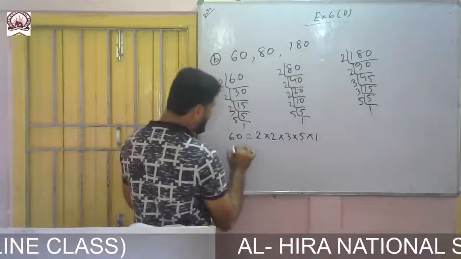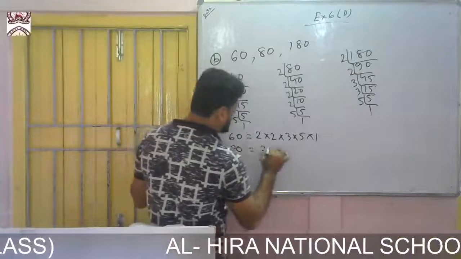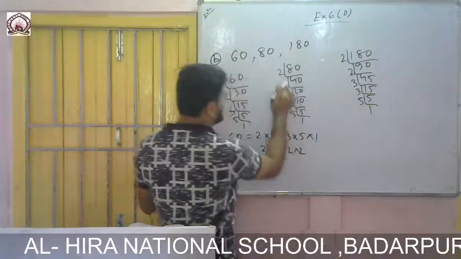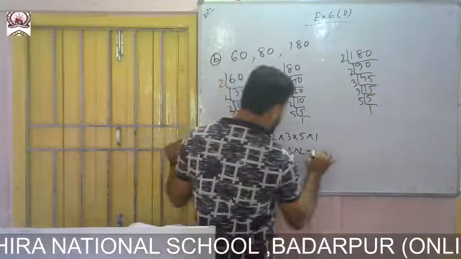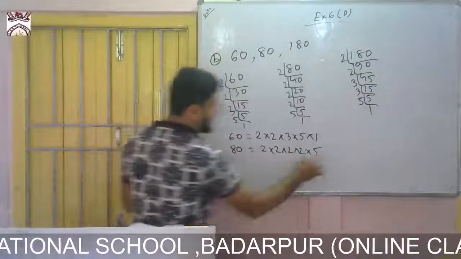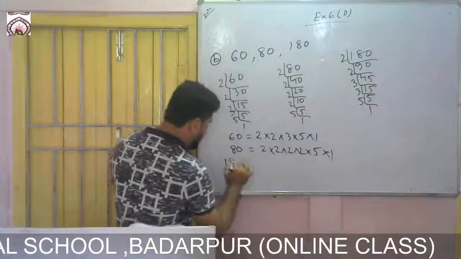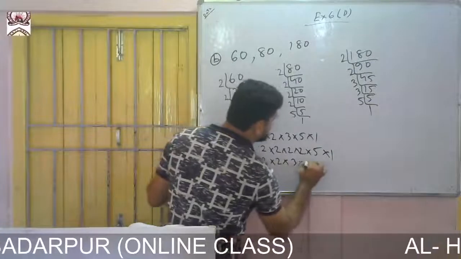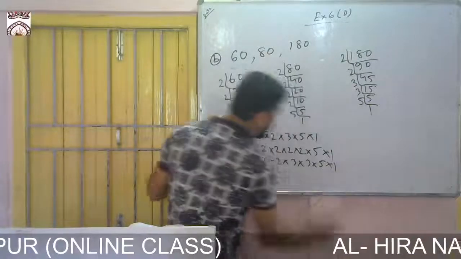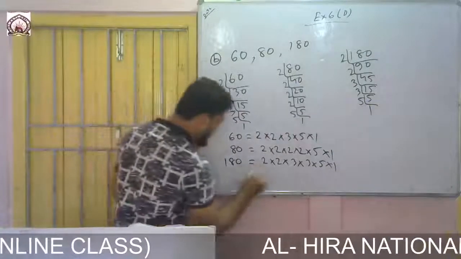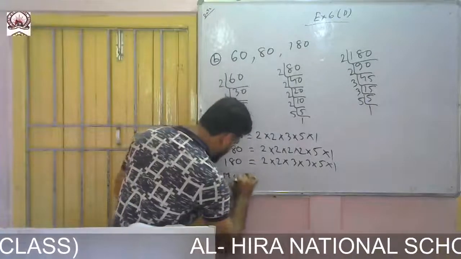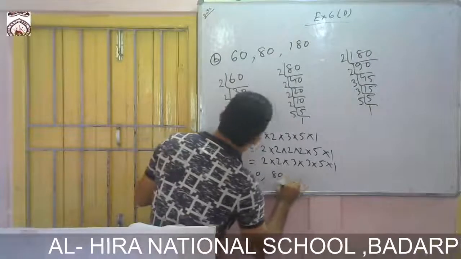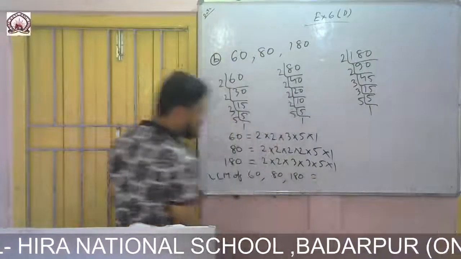And 80 equals to 2 into 2 into 2 into 2, 1 2 3 4, into 5 into 1. 180 is 2 into 2 into 3 into 3 into 5 into 1. Now LCM of 60, 80, 180 equals to what?